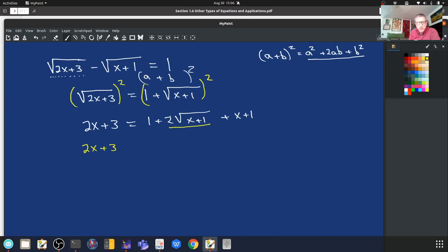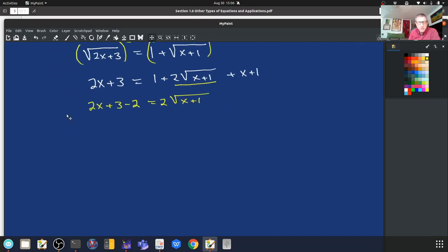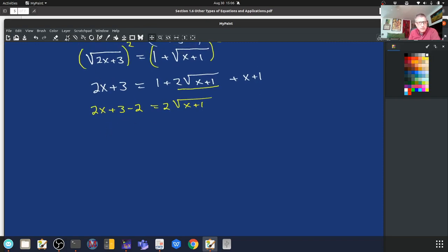So when I move 2 over, it becomes minus 2 is equal to 2 on the square root of x plus 1. So we're going to have to simplify this side over here. So that's going to give me 2x plus 1.